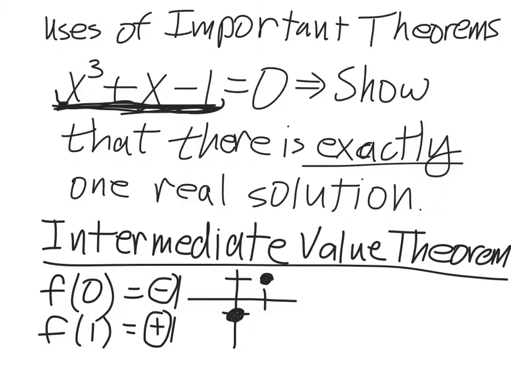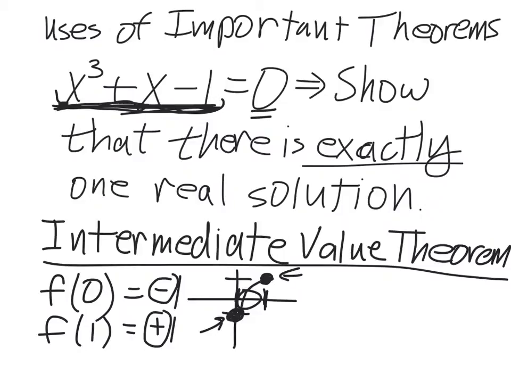We are looking for the x value that gives us a y value of 0. That x value is going to be somewhere in between 0 and 1, because the graph would have to go through this point and would have to go through this point, and since it's continuous, would go through the x-axis, through y equals 0, at some x value between x equals 0 and x equals 1.